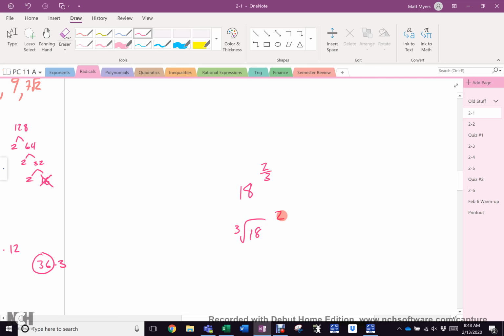And we talked about how if it was something like 8 to the 2/3, that would be the cubed root of 8 squared, right? And we talked about how you would just do this, because the cubed root of 8 is what? 2, right? And 2 squared is 4, right? And some people asked, well, does that 2 live outside there, or does it live under there?